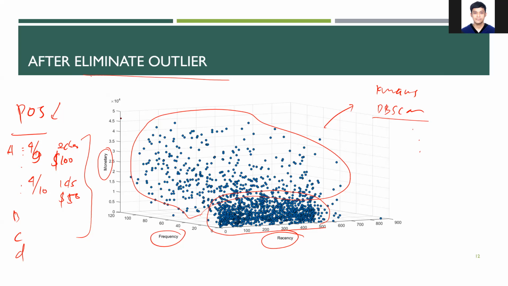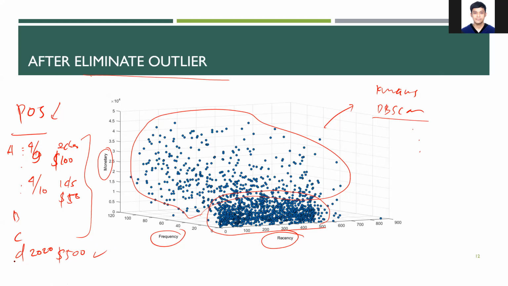But for customer D, for example, last time she bought clothes totaling $500, but it was 1 year ago, 2020. So in terms of monetary, it is good because she purchased quite big.